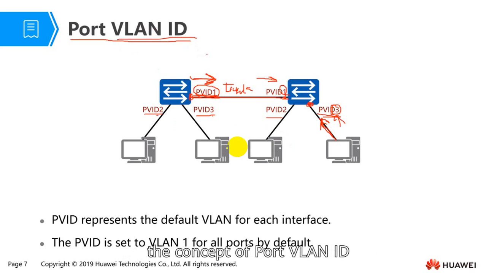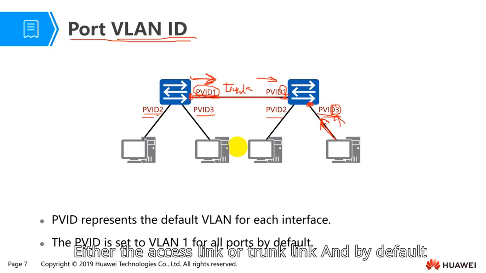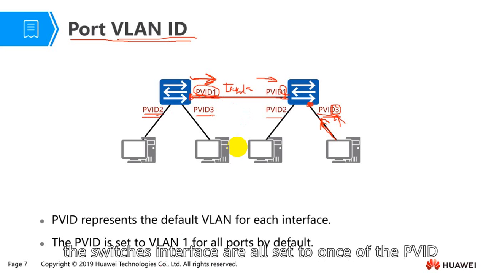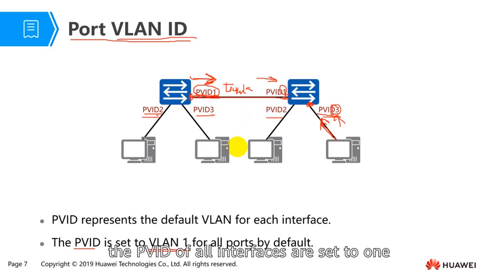It is used for frames without a tag, on either the access link or the trunk link. And by default, the PVID of the switch interface is set to 1.